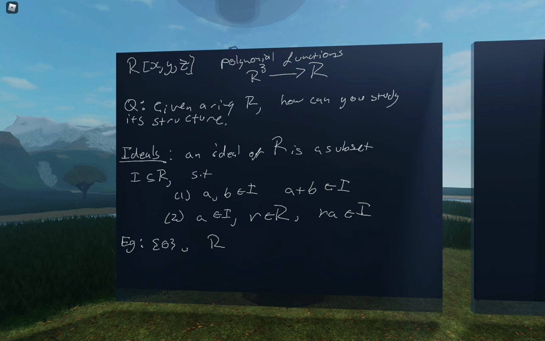An ideal that looks slightly different could be, in the set of continuous functions from R to R, the set of functions which equal 0 at 0. Because if you add two of these functions together, the result will equal 0 at 0. And also if you multiply one of those by any other continuous function, it will still equal 0 at the origin.